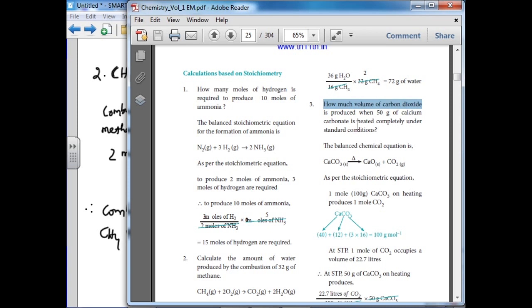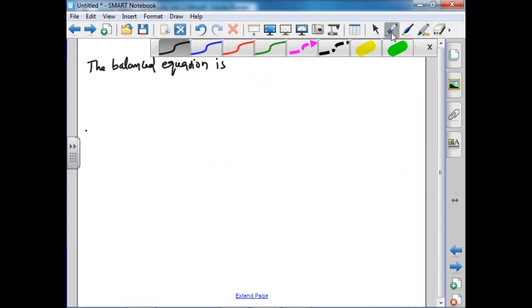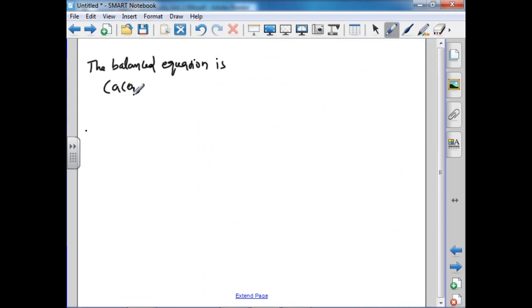So we are going to calculate the volume of carbon dioxide produced when 50 gram of calcium carbonate is completely heated under the standard condition. The balanced equation is CaCO3 heated to produce CaO plus CO2. All the reactants and the product are in gaseous state.